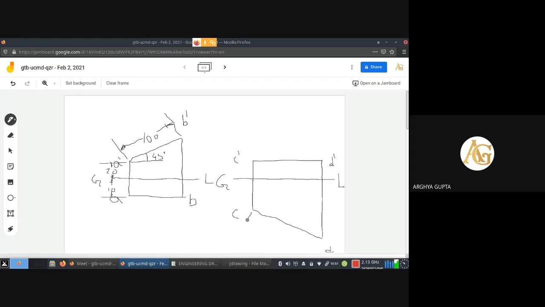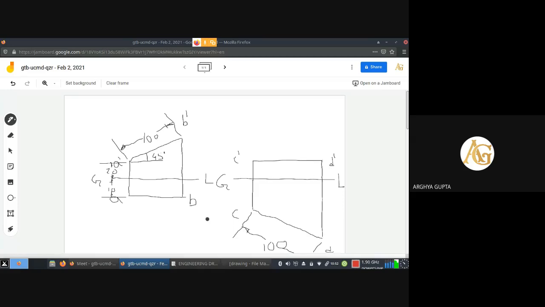So you need to draw two extension lines which are perpendicular to the line CD, and one line which is parallel to CD will have to be drawn. We have to break the line approximately at the middle, and the text will have to be written as 100. I'm not drawing the arrowheads, you will draw them later.